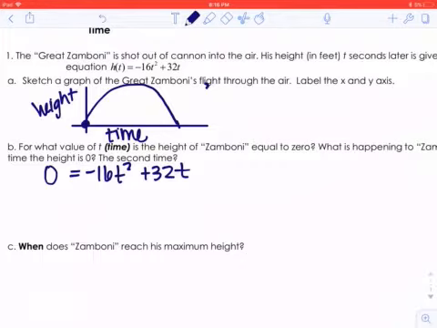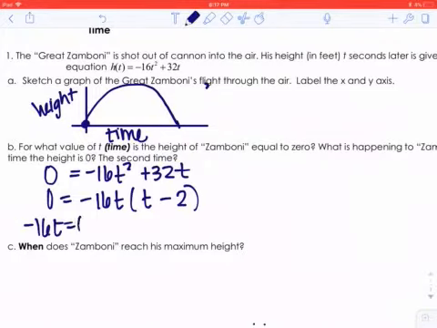So now we're just solving a quadratic. Factor the GCF out. And our GCF is negative 16t, so then we get t minus 2. Set each of those factors equal to 0 and solve. So you're going to get t equals 0 and t equals 2.